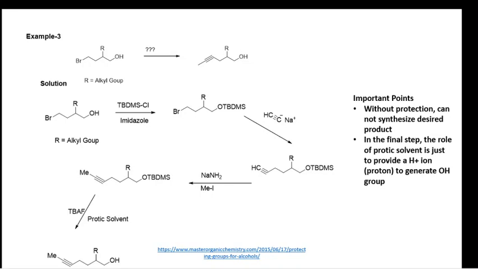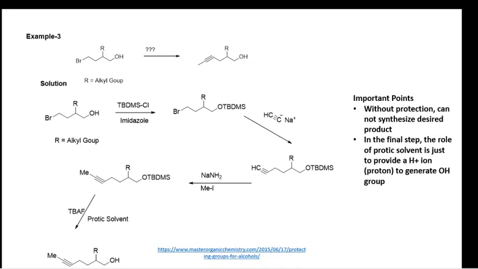Now this negatively charged terminal carbon atom is a nucleophile. It could attack the methyl iodide, which is the substrate here, and the corresponding methylation takes place. The final step is now the deprotection of TBDMS, and we are very well aware how to achieve the deprotection in that case.